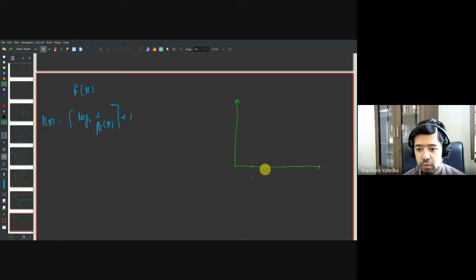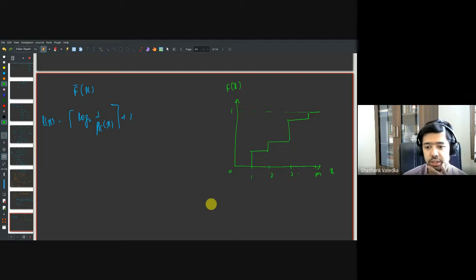So you have 1, 2, 3 up to m. This is x, and let me plot f of x, the CDF. It's going to look something like this, and so on. All of these are going to be between 0 and 1. So here, what is f bar of 1 going to be? Where is it going to lie?